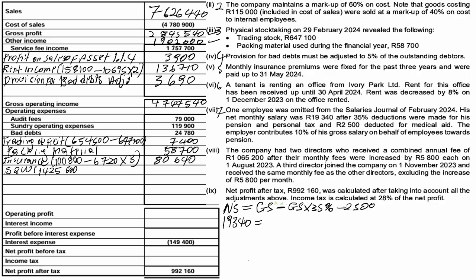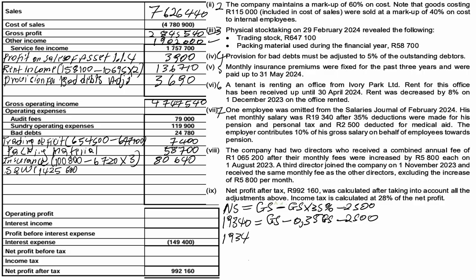Net salary, as you can see, is given as 19,340, which is equal to GS minus 0.35 GS minus the 2,500. We need to add that 2,500 from the right-hand side to the left-hand side.